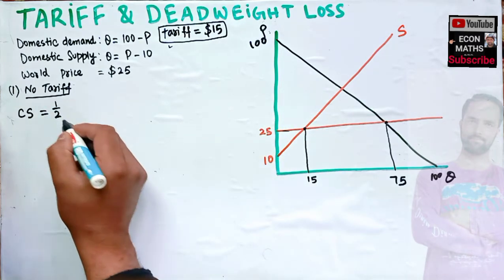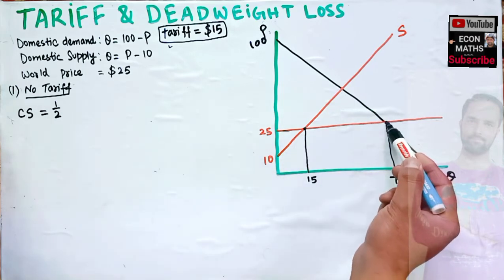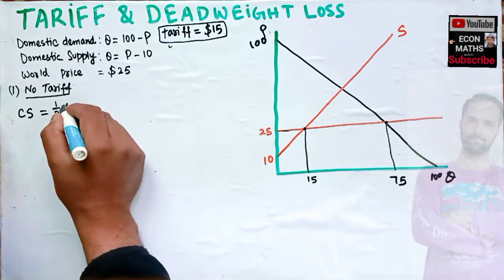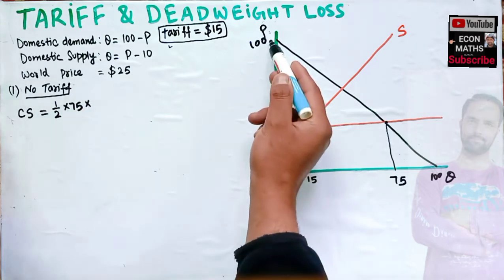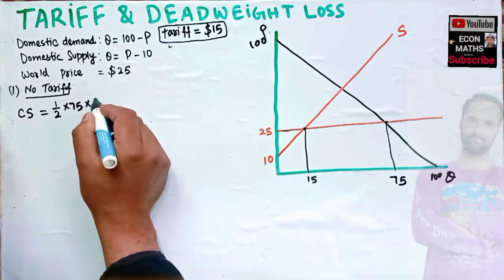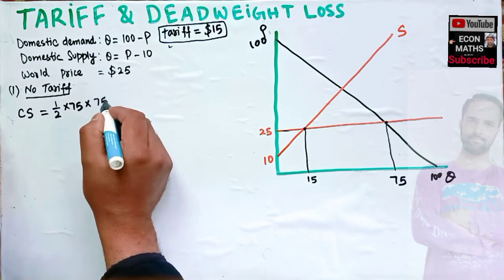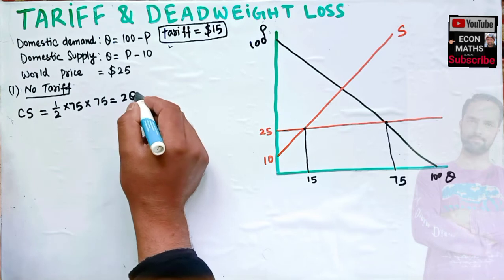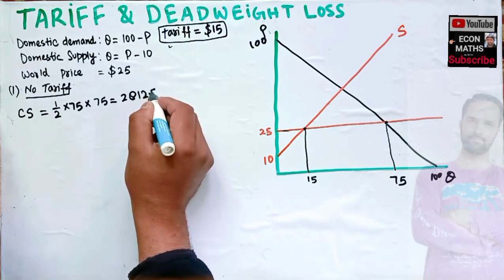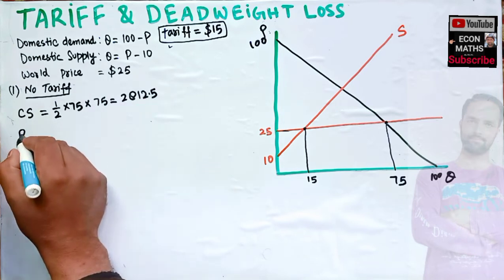So one half of the base, that is 75, into the height of this triangle, 100 minus 25, which is 75 again. When we solve, this comes out to be 2812.5.